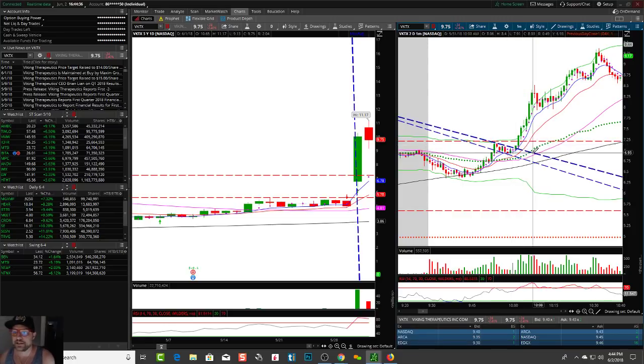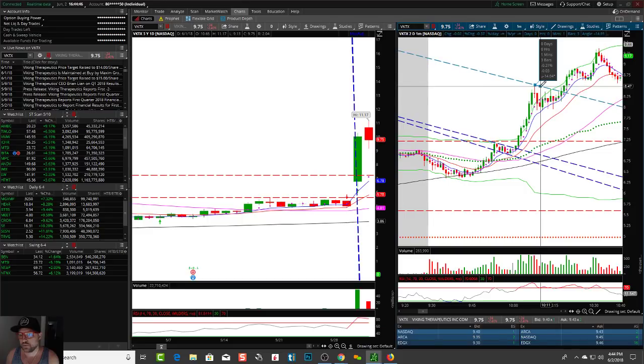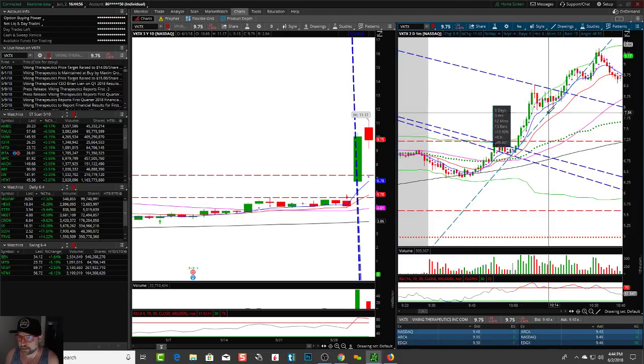If you missed this entry on the cup and handle, and obviously it's starting to rip out here, and you can see it's getting all crazy out here, then you could have waited and watched for, let's see here, you're drawing your trend line from maybe back here.